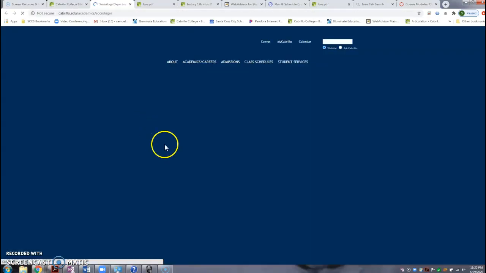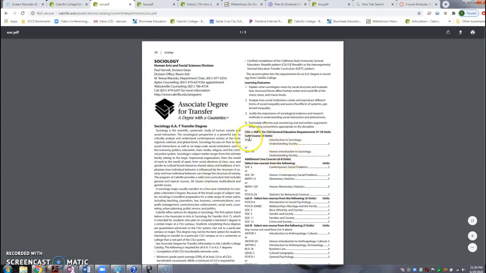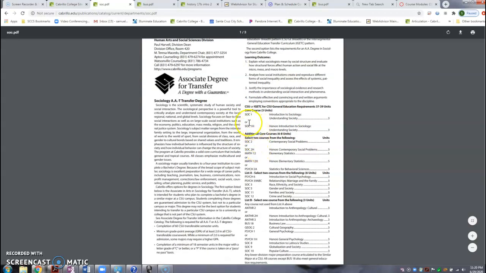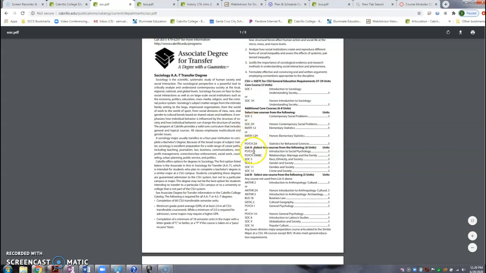You go here, and you find out, okay, if the CSU or IGETC, which is the purple form, here are the sociology courses I got to take. Sociology 1, Psych 6, I got to take Psych 6, Sociology 3, Sociology 5, 11, and 12. So you get the point.